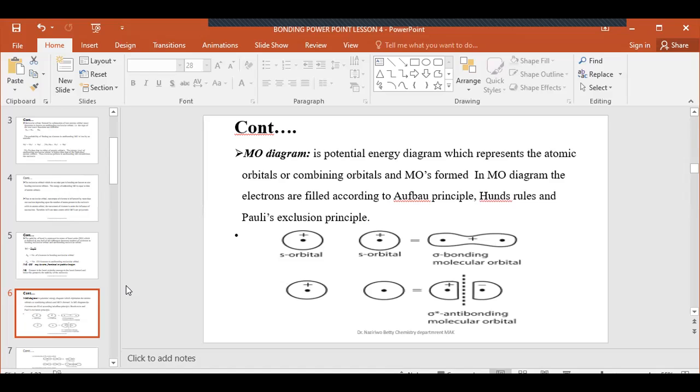of opposite spin. Let us look at an example of electrons in an s orbital combining with another one in an s orbital. When the lobes are both positive, they are similar, and we get the sigma bonding molecular orbital. If one atomic orbital is positive and the other negative, we end up with the sigma antibonding molecular orbital.